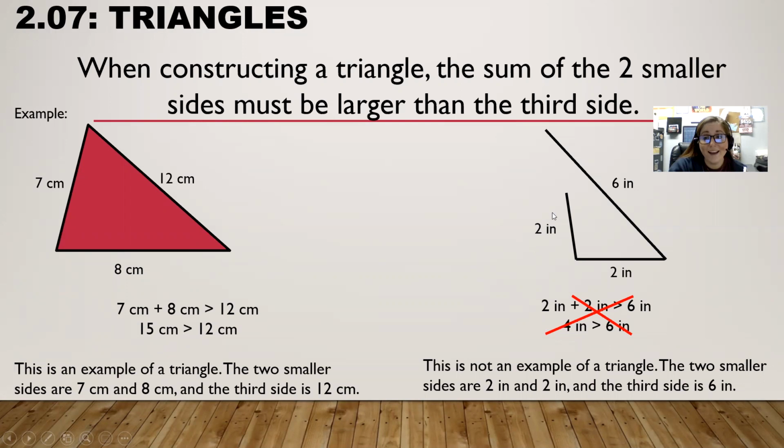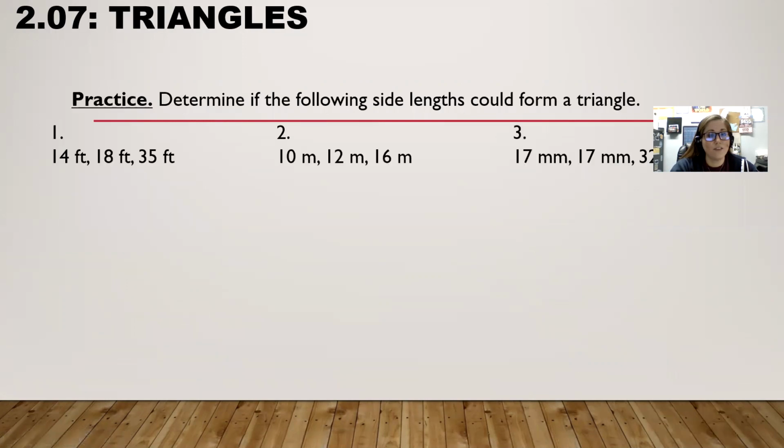This triangle to the right, however, has two smaller sides of 2 inches. So 2 inches plus 2 inches gives us 4 inches. 4 inches is not greater than 6 inches, which is the larger side. So this is not an example of a triangle. This would not work.